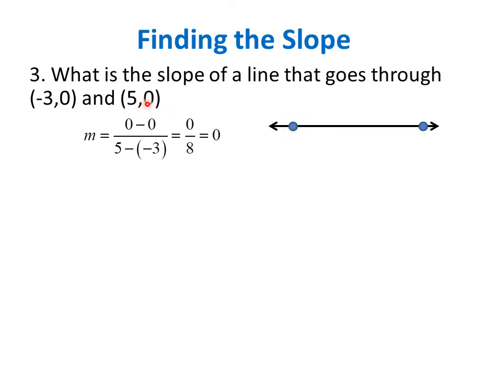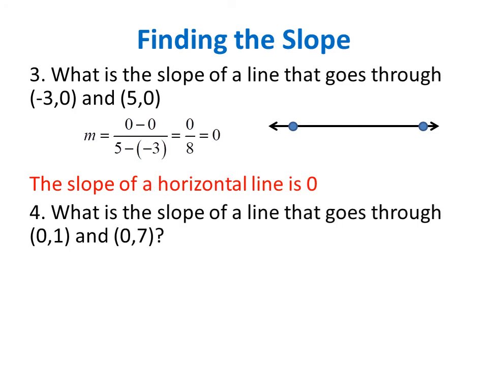Now (5, 0), since both numbers have 0 as the y values, (5, 0) is directly to the right of (-3, 0). So indeed, the 2 points form a horizontal line. Therefore, it is correct that the slope is equal to 0. So remember, the slope of a horizontal line is 0.